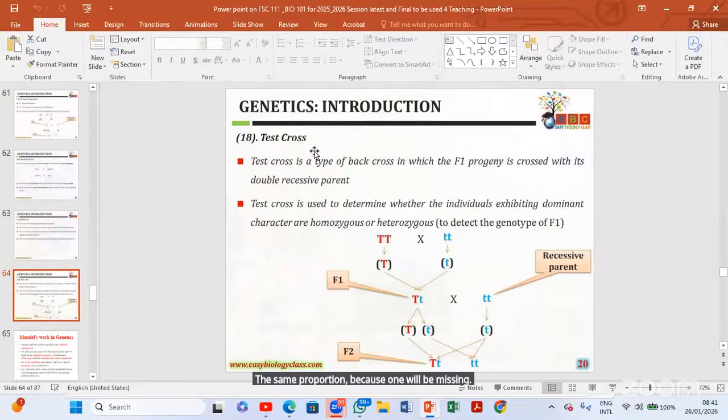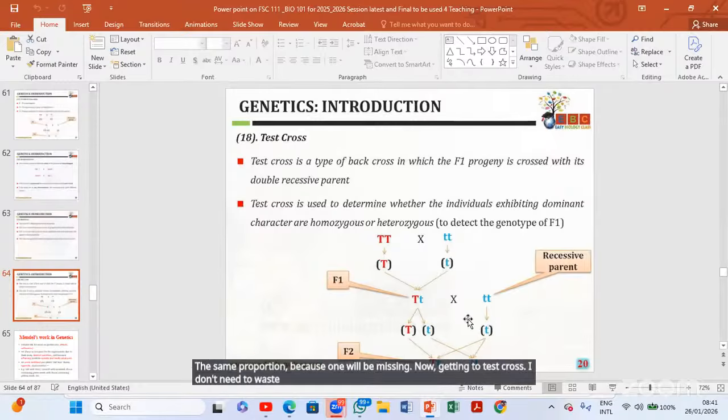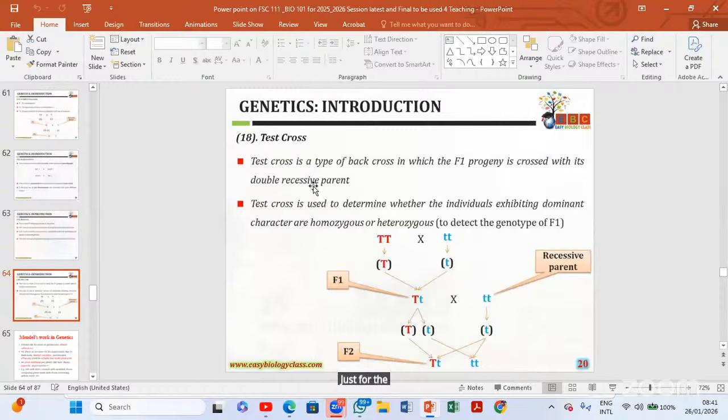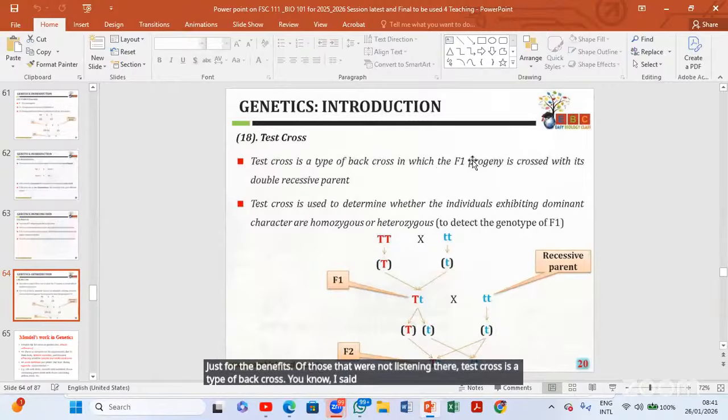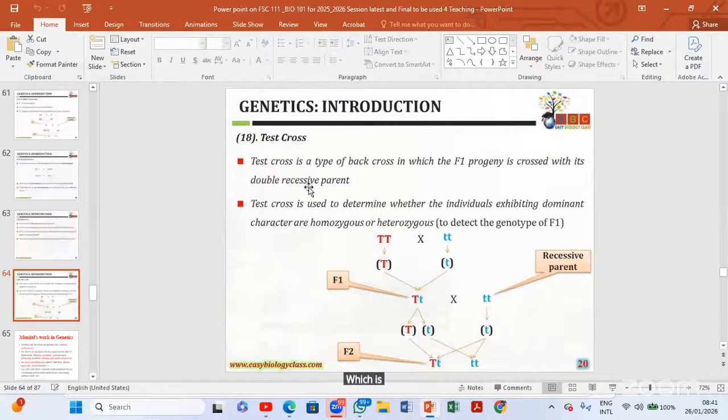Now, getting to test cross. I don't need to waste more time here because I've explained it, but just for the benefit of those that were not listening, test cross is a type of back cross in which the F1 progeny is crossed with its double recessive parent. That is the recessive parent.